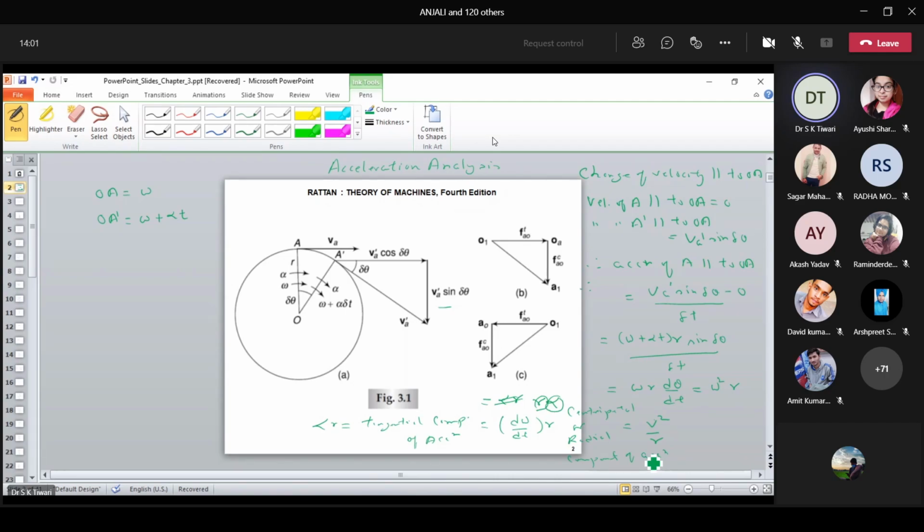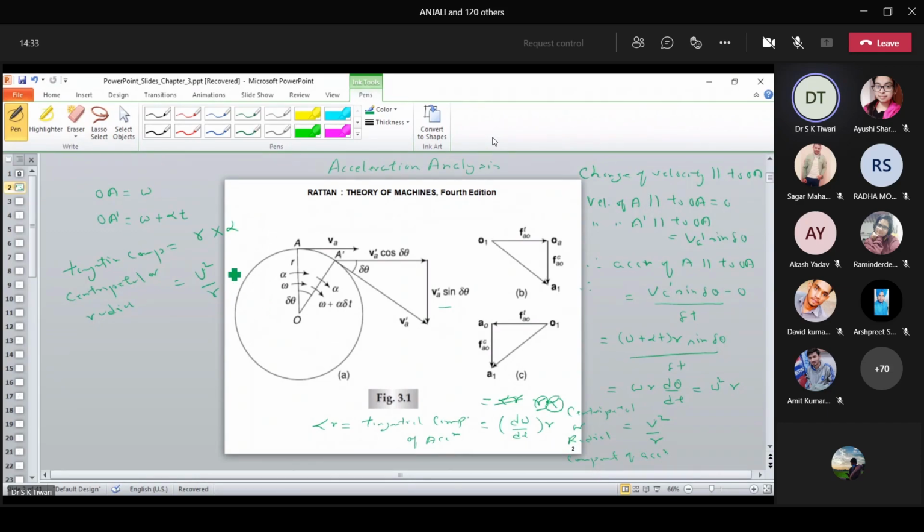Now, a small question. I will write both equations for you first. Tangential component of acceleration is equivalent to r into alpha, and the centripetal or radial component is given as v square by r.